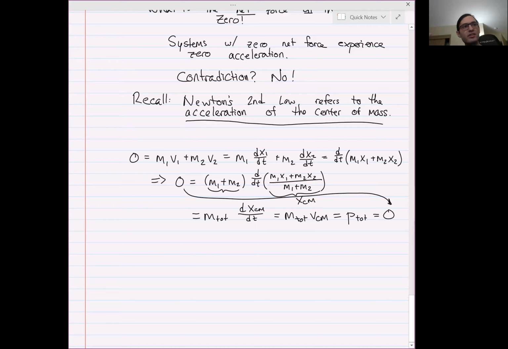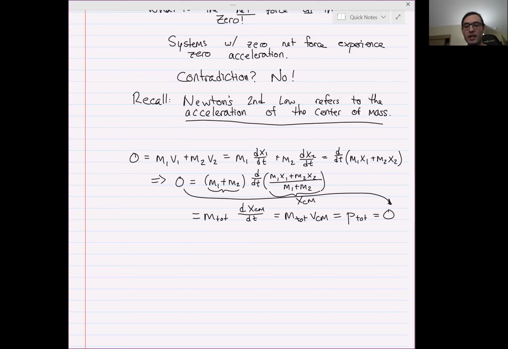So indeed, it is true that the initial momentum of the system is 0, because nothing's moving initially. But even the final momentum of the system is also equal to 0. That's just from momentum conservation, and that's okay.